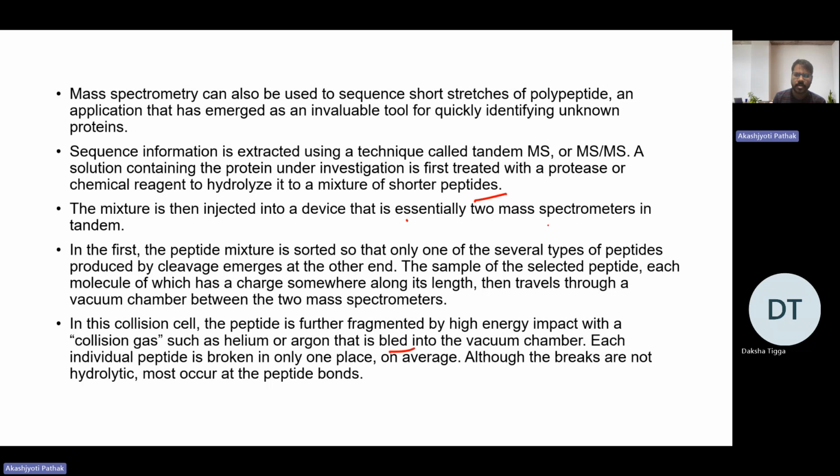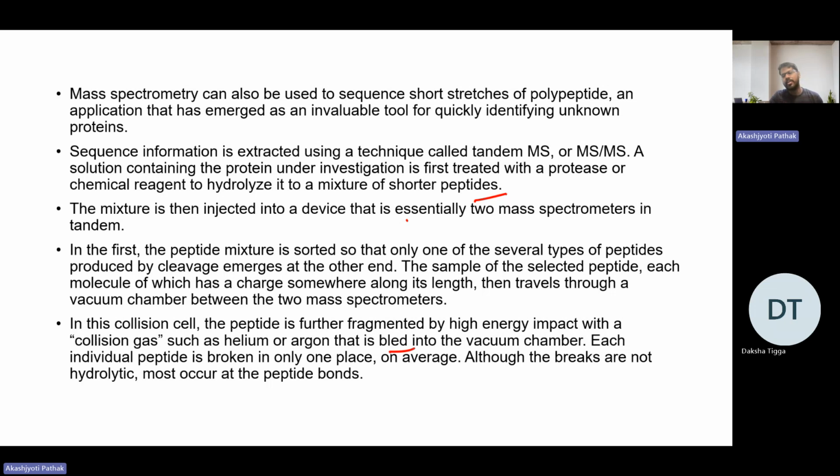So you have the first mass spectrometer. You ionize the sample by ESI-MS, and then that ionized sample will pass through the first mass spectrometer. After passing through, there will be separation of these peptides. Now, from all these peptides, you select a particular peak, and you want to see what the several peaks are which compose this particular peptide peak.